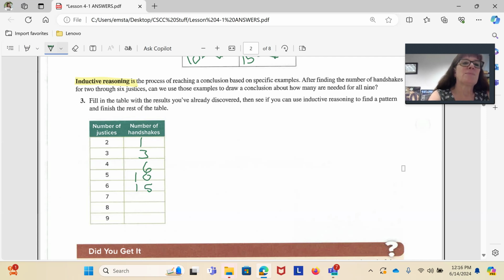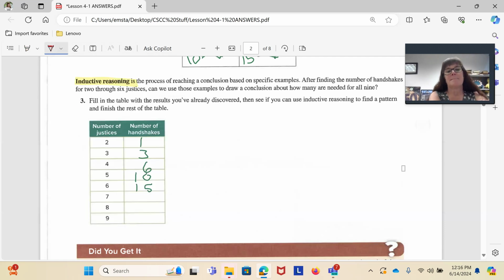So we'd like to see if we can pick up a pattern. Going from 1 to 3 added 2. When I went from 3 to 6, how many did I add? I added 3. When I went from 6 to 10, I added 4.